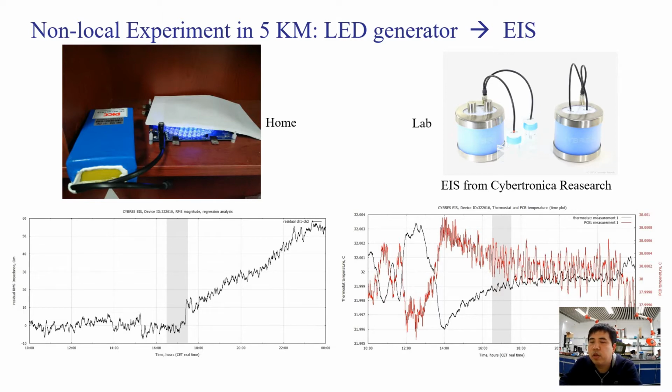So we can see the result is very positive. The gray bar is the impact time, and we can see the impedance change a lot, but the temperature around the water sample is still very stable.